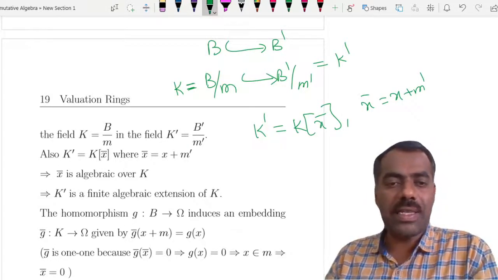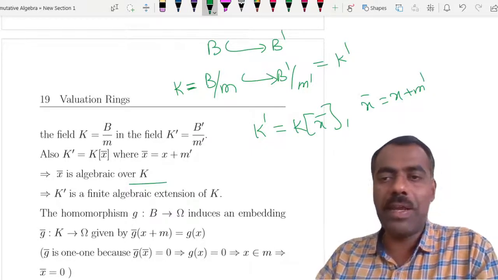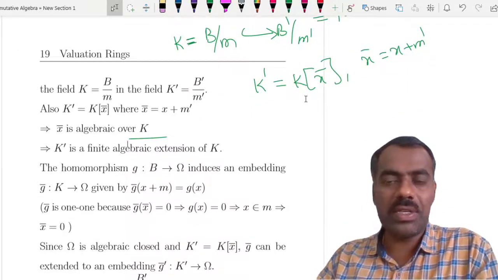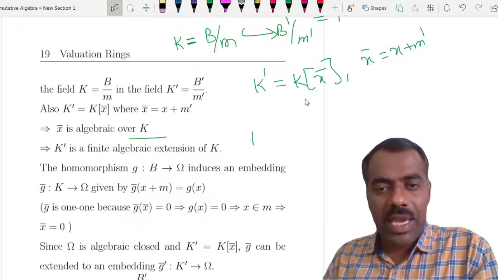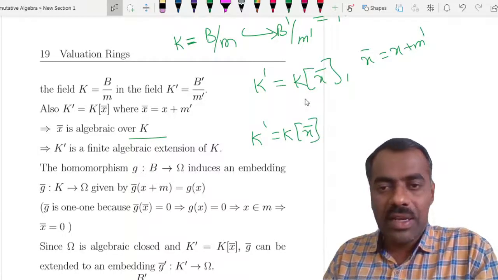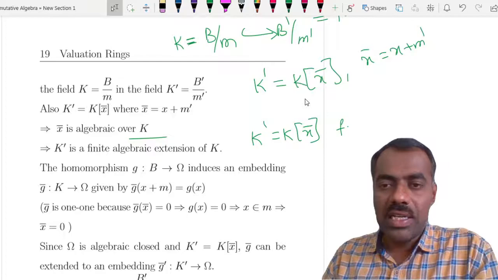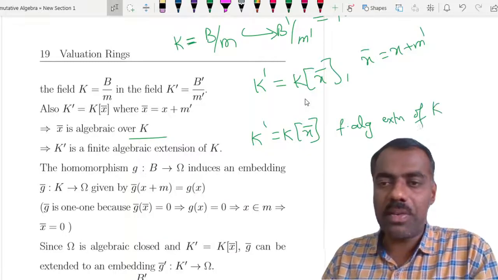Then you can check that this x bar is algebraic over K because it satisfies a trivial polynomial. Because x bar is algebraic over K and K prime is K[x bar], this is a finite algebraic extension of K, from Galois theory, we know that.